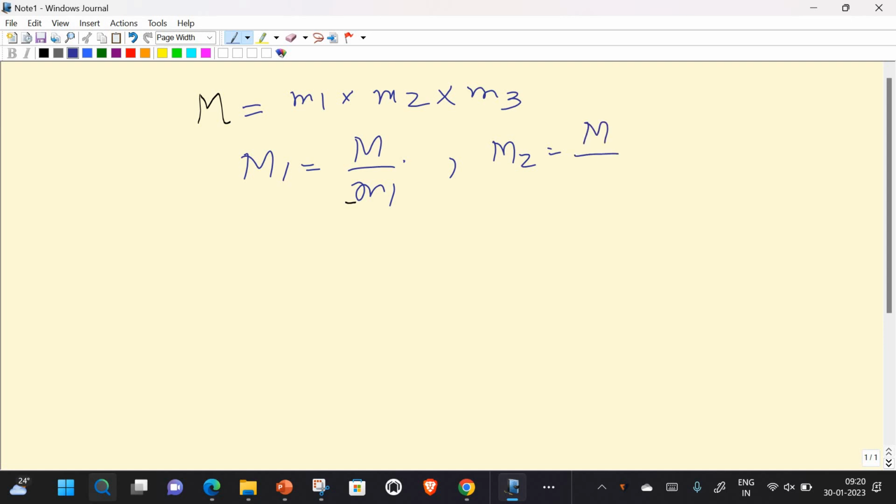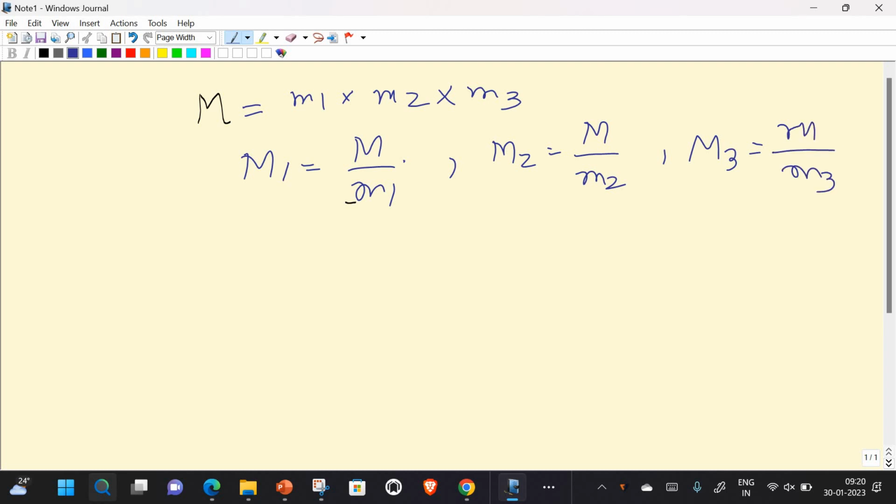Alright, so M is given by small m1 multiplied by m2, m3. For the time being, we are considering only three equations, so let it be this. So capital M1 will be capital M by m1, capital M2 is capital M by m2, and capital M3 is capital M by m3.